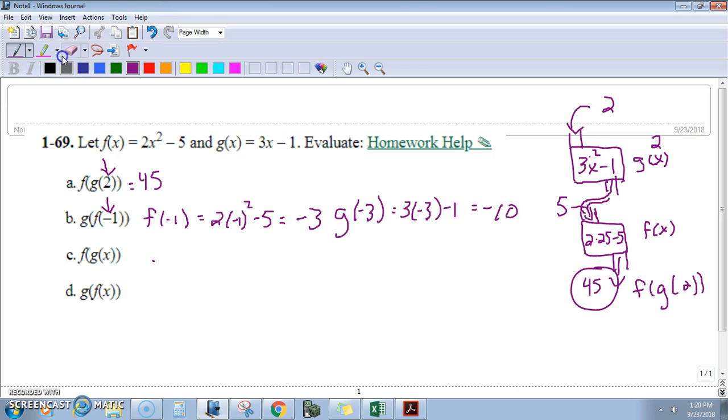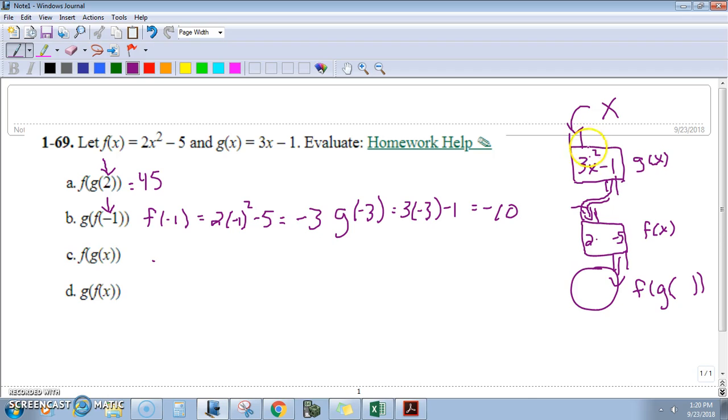All right, you guys, this next one's kind of cool because it says that I still have g of x here and f of x here, but instead of inputting 2 like I did the first time, my first input is just x.